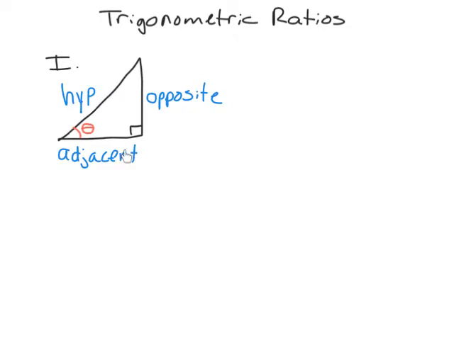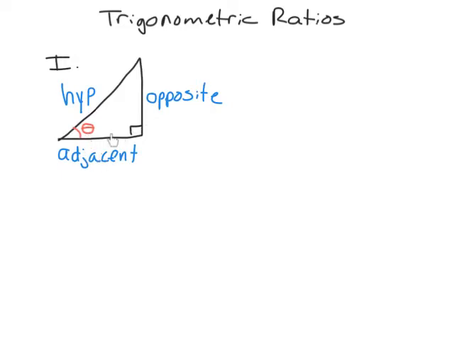Now the ratios are created because anytime you have a right triangle, dependent on the angle, the ratios of the sides are going to be constant, because every right triangle that has this specific angle measure as one of its angles is going to be similar to every other right triangle with those same angle measurements.